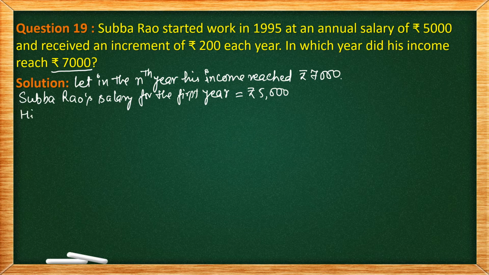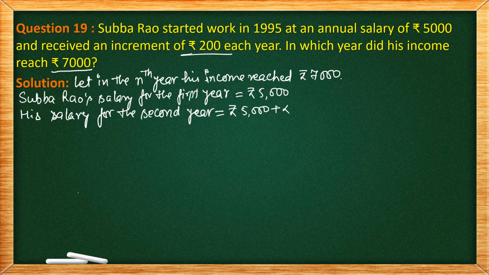Now he received an increment of rupees 200, so his salary for the second year will be 200 rupees more than the salary of the first year. So he will get rupees 5,000 plus rupees 200. That means rupees 5,200 for the second year.